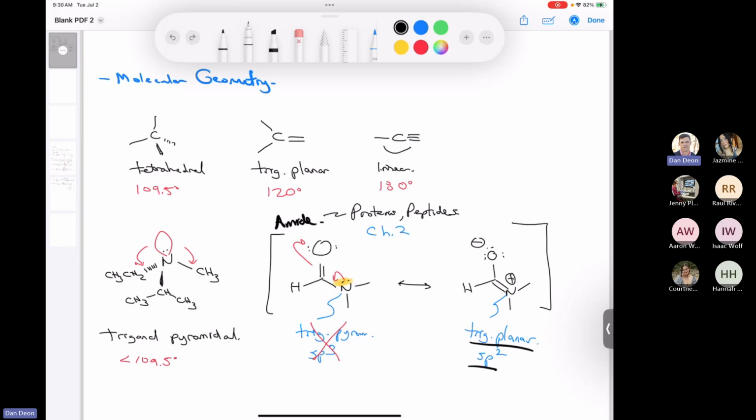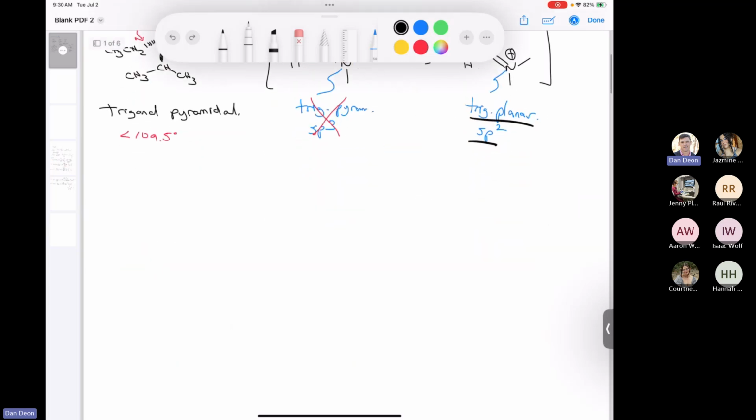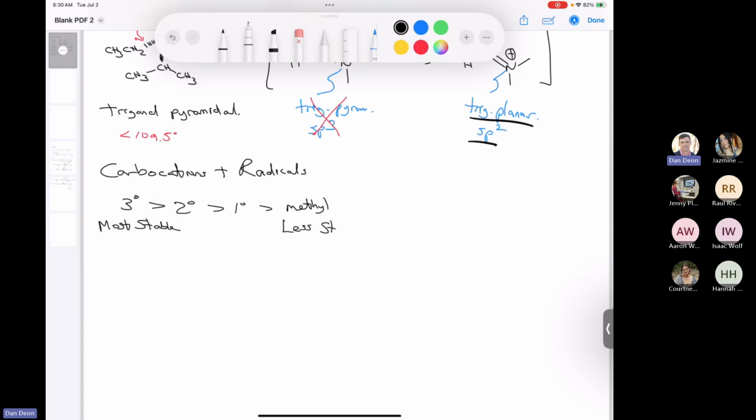Then as far as stability of carbocations and radicals, we talked a lot about carbocations and radicals, and what we saw is that they follow the same trend in terms of stability: tertiary is more stable than secondary, secondary is more stable than primary, and primary is more stable than methyl. So this is going to be most stable, and then here we have less stable, okay?